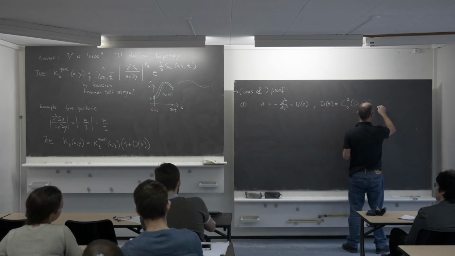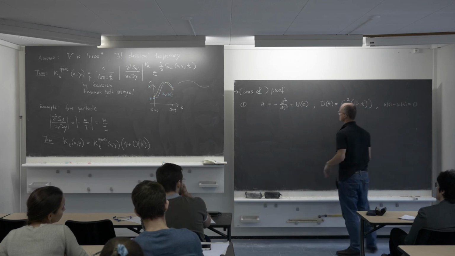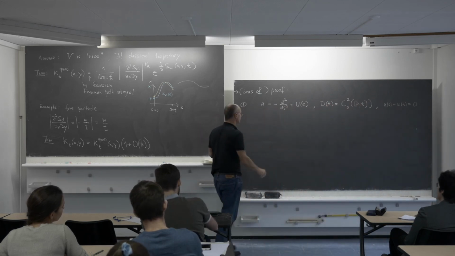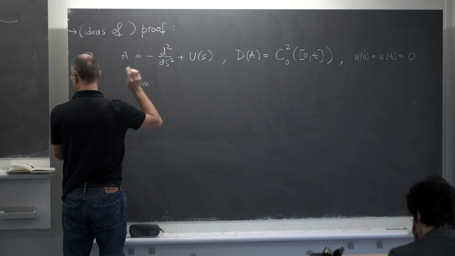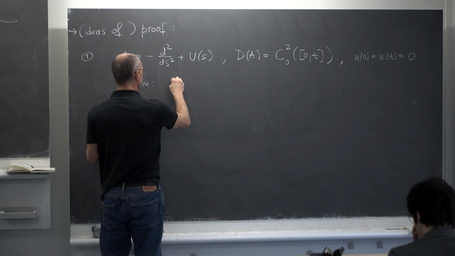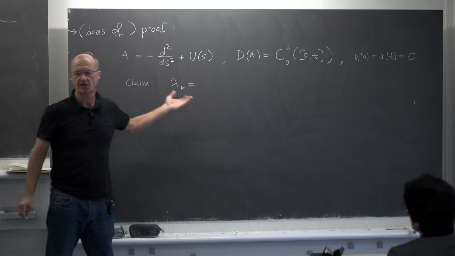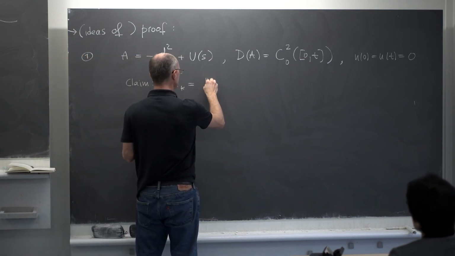So let me denote by u the function. So this operator is essentially self-adjoint. And the claim, so that's not part of what you're going to prove, is that it has again a Hilbert basis of eigenvectors, and eigenvalues will be like this.